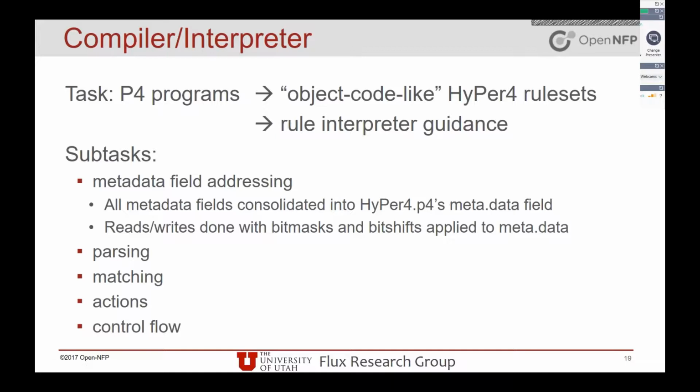It's one consolidated field because that allows us to refer to it quite easily by using ternary matching, for which we can apply bit masks and we can apply bit shifts as needed so that we can isolate the specific part of that one large metadata field that corresponds to the native function's metadata field. So the compiler has to be able to figure that out.